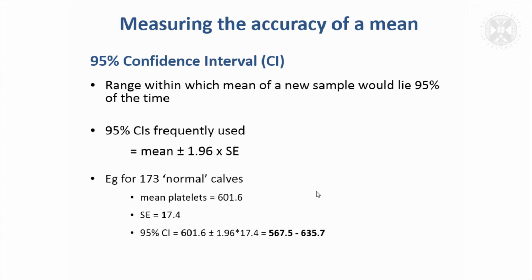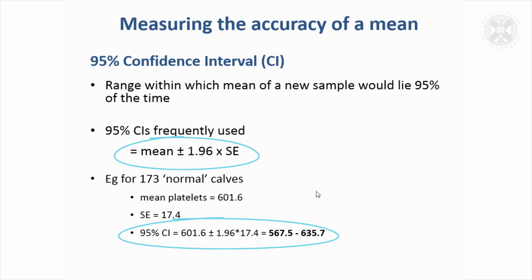So if we do that for the 173 normal calves, and for platelets again, we've got 601.6 as the mean, we had 17.4 as the standard error. We plug that into this formula to get our 95% confidence interval, and we come out with about 567 as a lower limit and 635 as an upper limit.